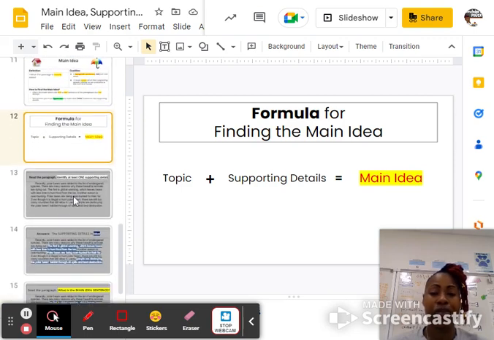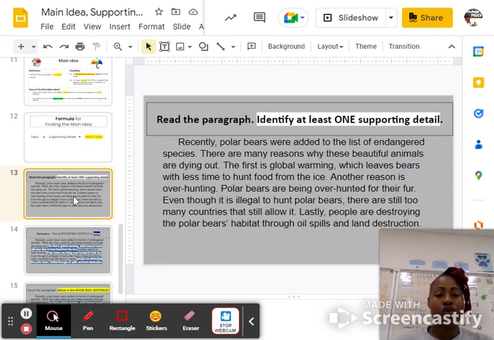And now let's take a look at putting it all together. You're going to read the paragraph to yourself as I read it aloud and identify at least one supporting detail, because we'll reveal it on the next slide. Same passage we had before. Recently, polar bears were added to the list of endangered species. There are many reasons why these beautiful animals are dying out.